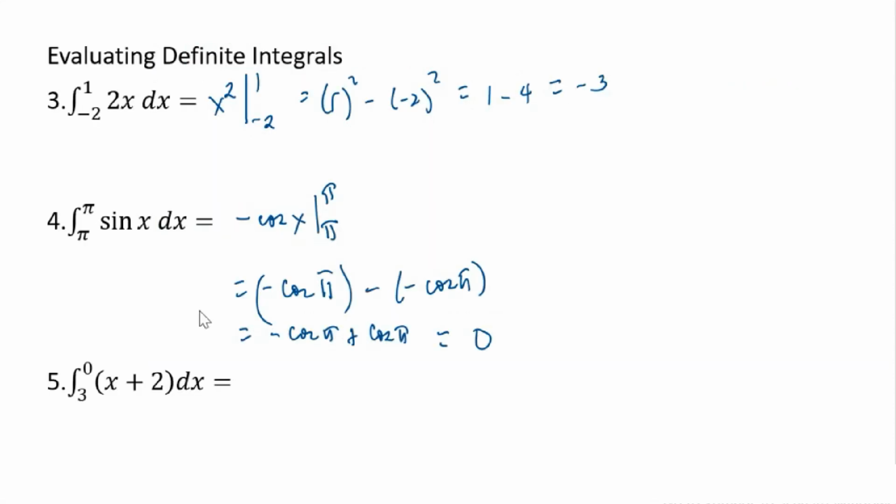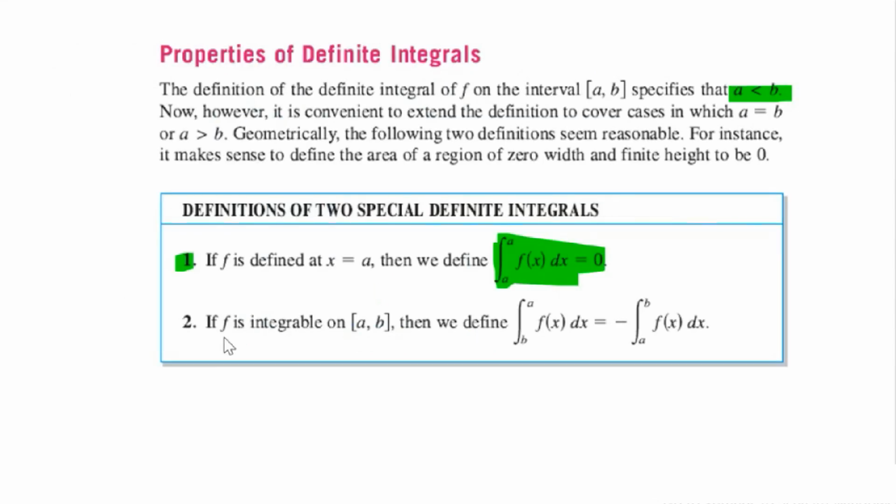All right, let's move on to example number 5. We have the integral of the quantity x plus 2 dx evaluated from 3 to 0. Take note, our lower limit is bigger compared to the upper limit. So in that case, class, we are going to use property number 2, or definition number 2.